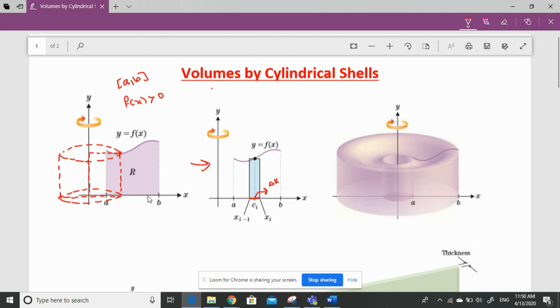The answer is, I have infinitely many cylindrical shells. Because again, I can take another one, for example, like this. If I take a point here, for example, I will find this cylinder, as you see here.